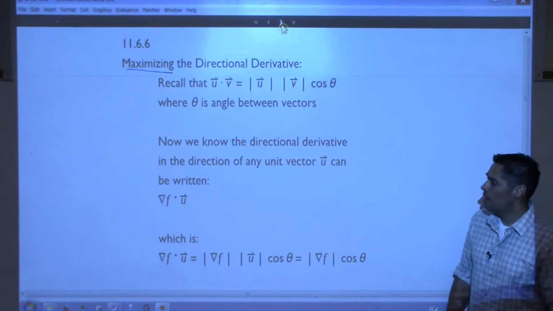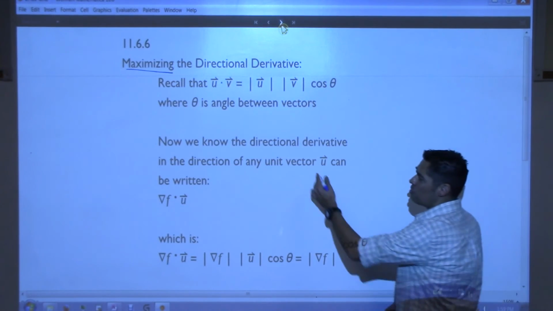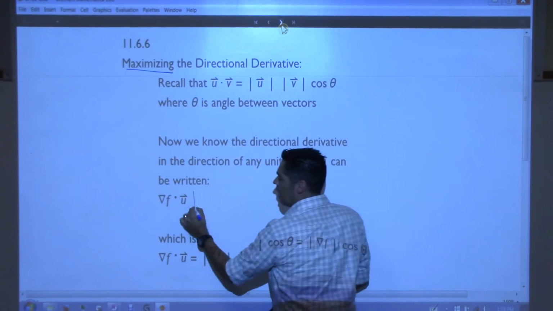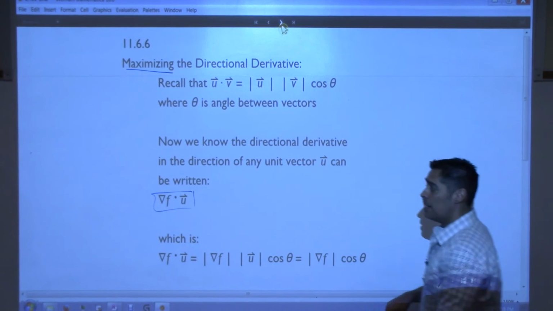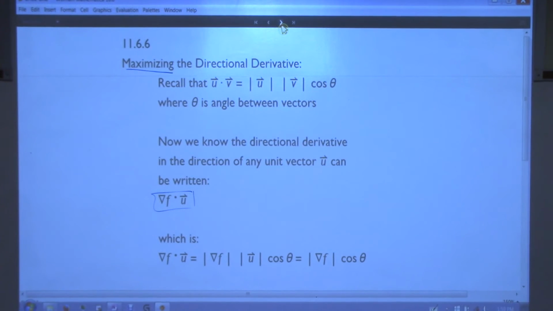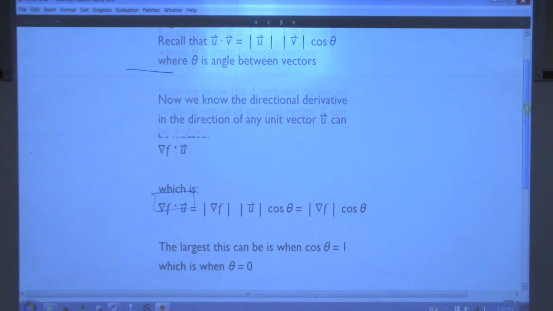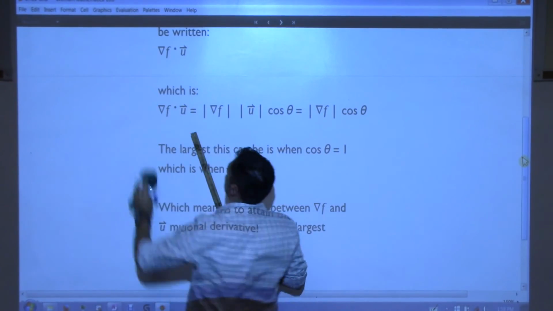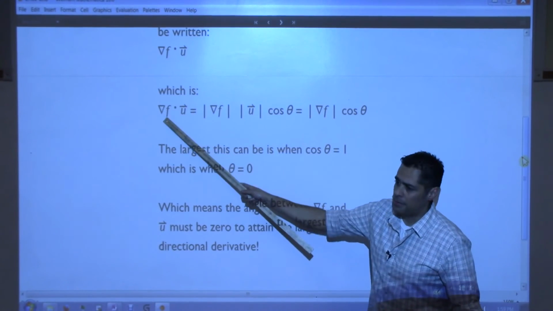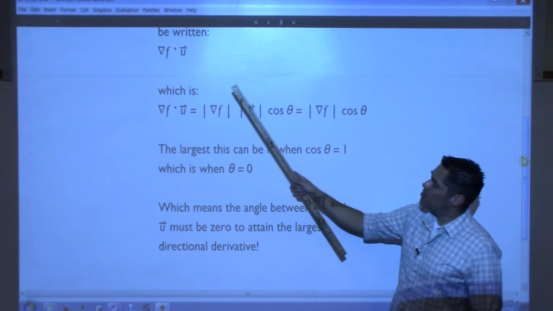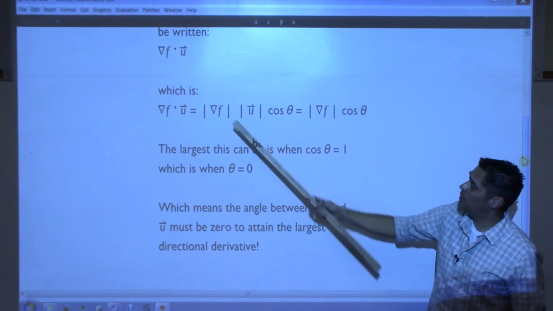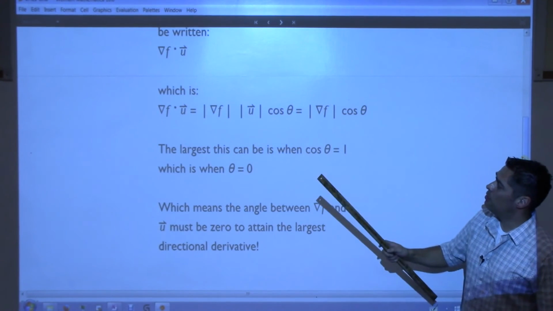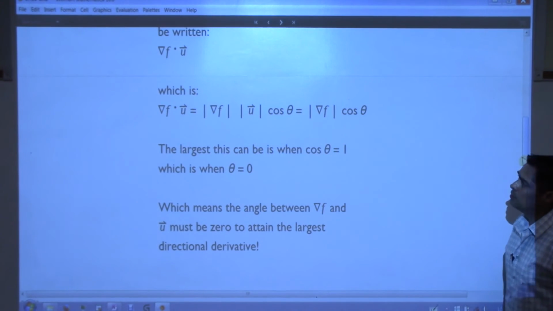And if we know that the directional derivative can be rewritten as a dot product, then the directional derivative can also be transformed into this formula right here. That's the directional derivative. Using the dot product formula, this is the magnitude of the gradient of f times the magnitude of u times cosine of theta.